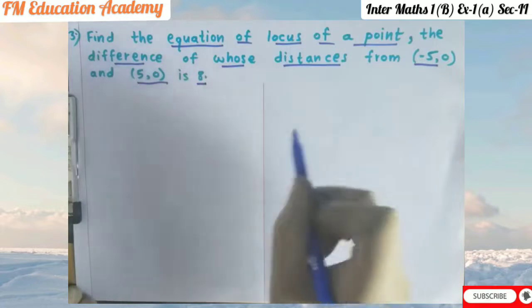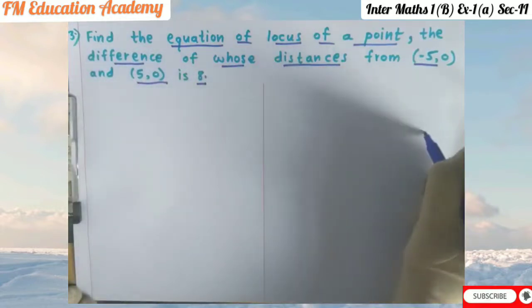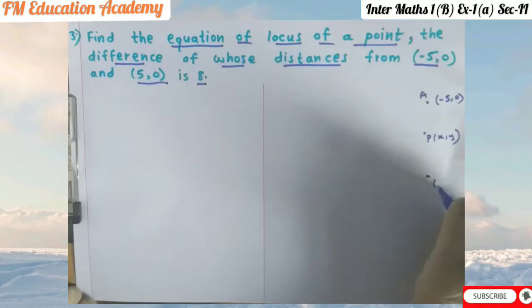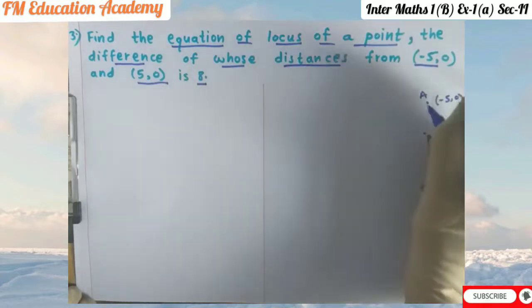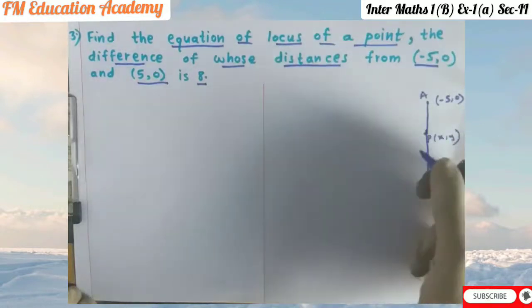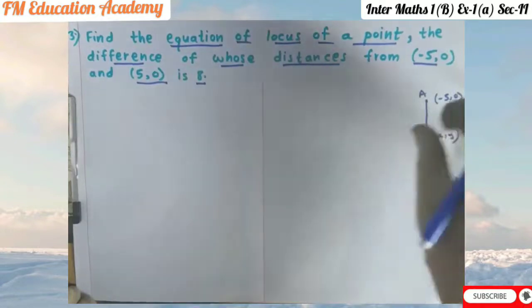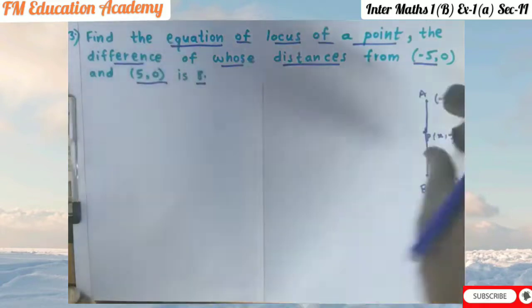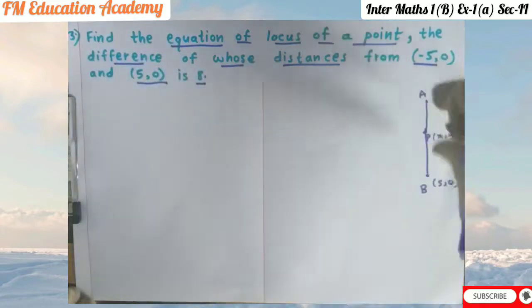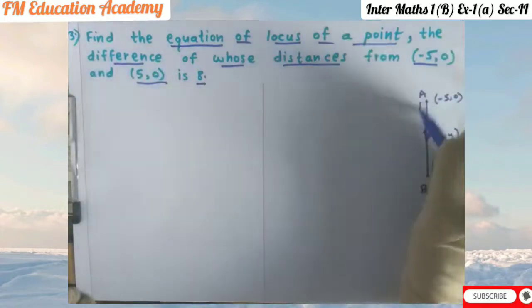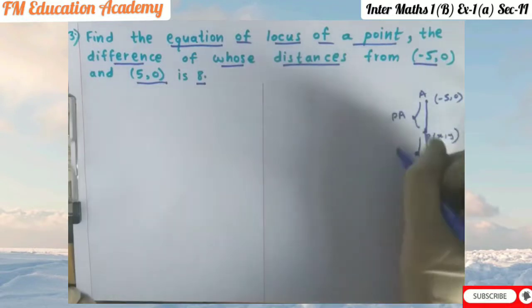That is, this question is saying that there is a point P(x, y), and there are also two more points, minus 5 comma 0, let us suppose this is A, and 5 comma 0, let us suppose this is point B. It is saying that all 3 points are connected together, and this point is at some distance from A and this point is at some distance from B, and the difference of the distances PA and PB is equal to 8. That is the geometrical condition given to us. That is, PA minus PB is given as 8 in the question.